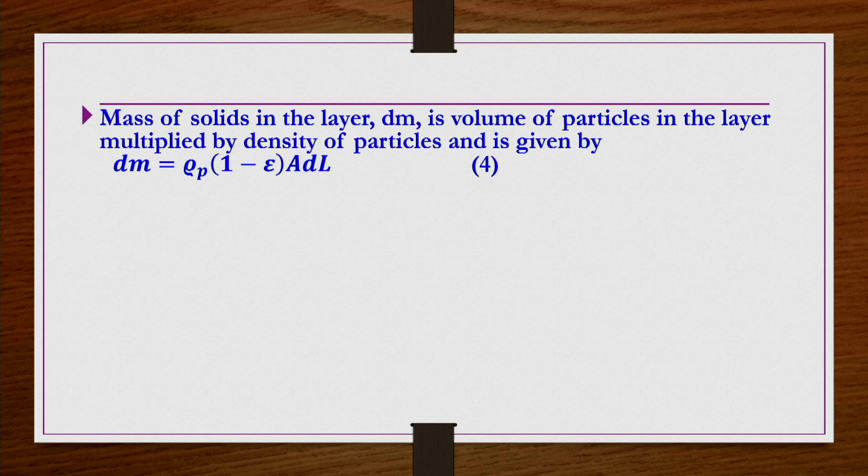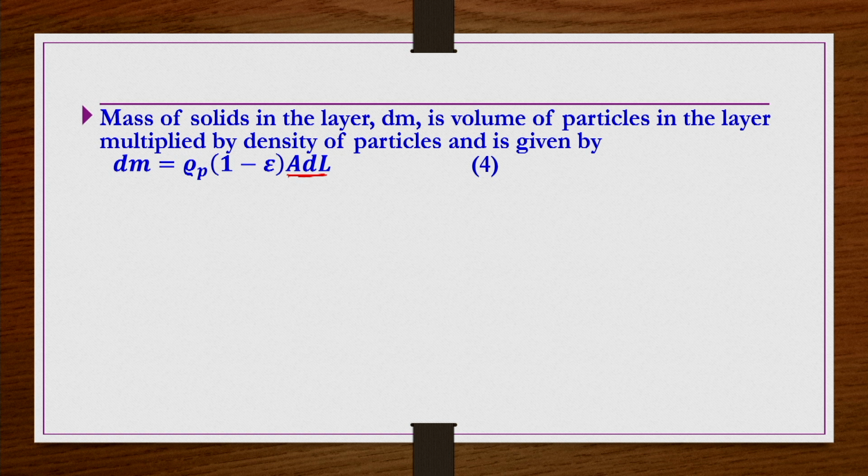Then let us say the volume of the layer of cake that we have taken is the area, which is now the same as the filtration area, because over the entire filtration area particles are being deposited, right. That area multiplied by the thickness of the cake layer gives the volume of that particular cake layer.